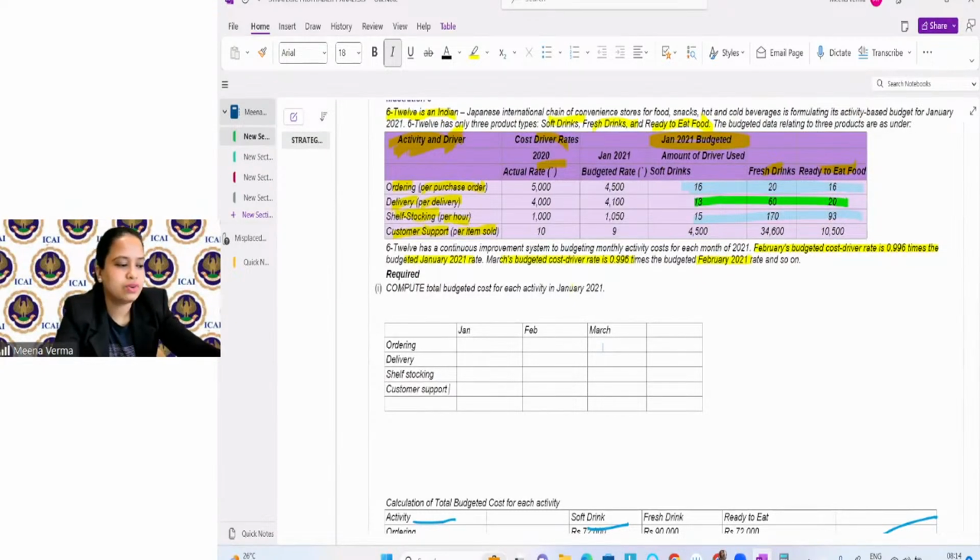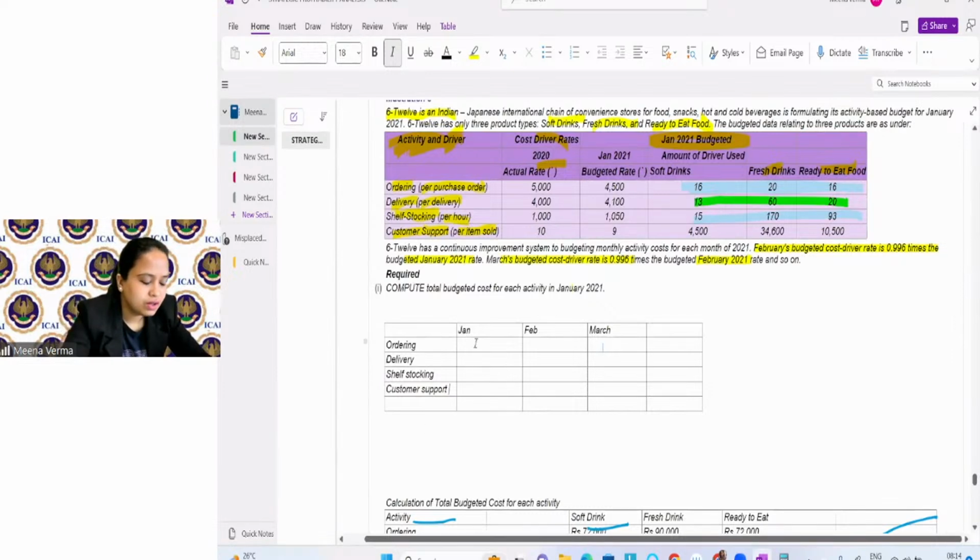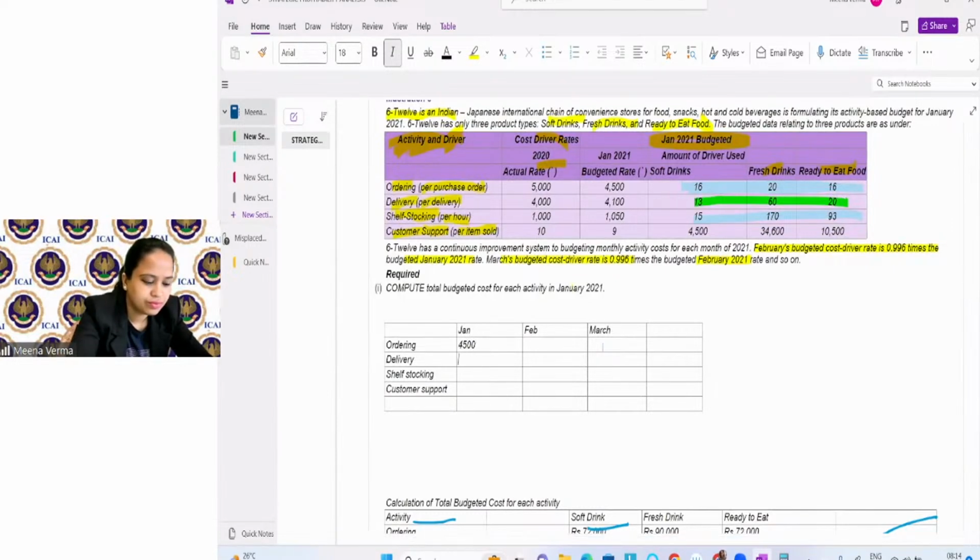Okay, so we have all these values. You can see for January, the rate was 4,500, 4,100, and 1,050, 9, right? So now you can use all these values and you can find it for cost drivers.